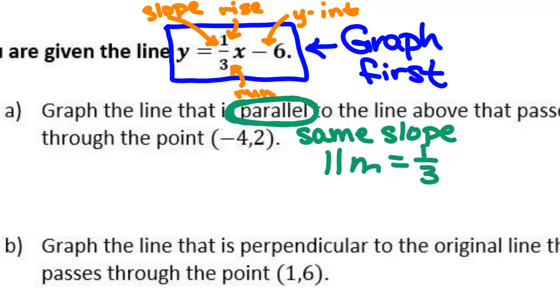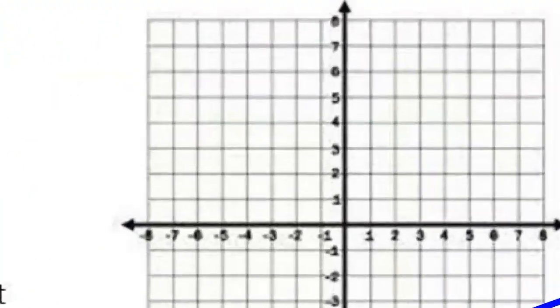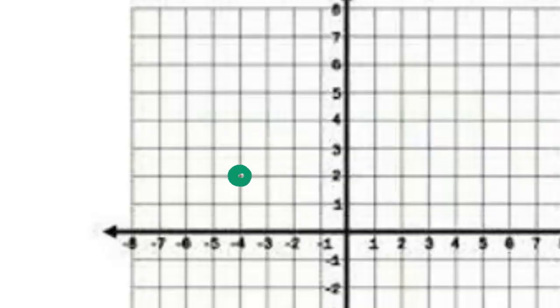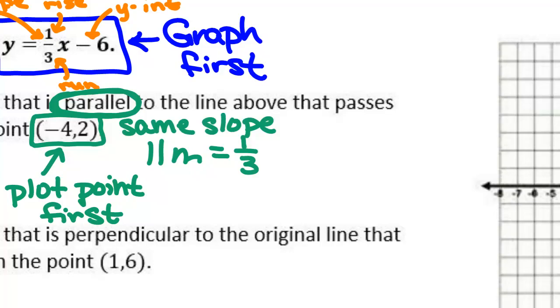And it says it needs to go through the point -4, 2. So we're going to plot this point first. -4, 2 is going to be right here. And then use the slope to find more points.